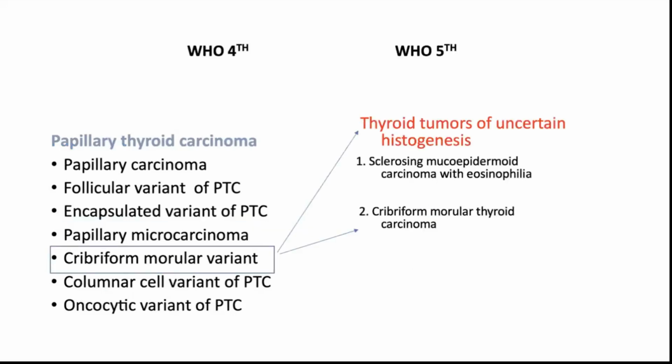Also, cribriform morular variant, that was a well-known entity associated with FAP, and we have read it extensively, answered it in exams, and written it in our exams. Now, in WHO fifth classification, it comes under thyroid tumors of uncertain histogenesis along with sclerosing mucoepidermoid carcinoma with eosinophilia. So it's no more a variant of PTC.